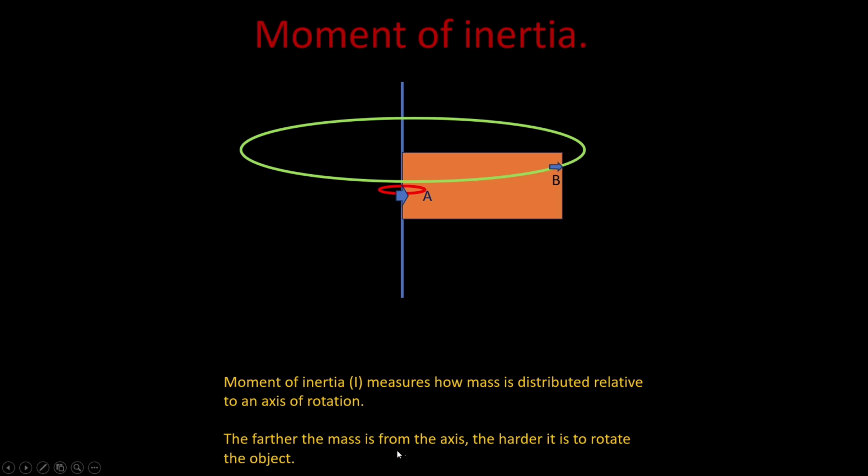The further the mass is from the axis, the harder it is to rotate the object. For the case at point A, the whole mass is distributed away from this rotation axis, and to rotate this object we have to apply much more torque at point A than at point B.